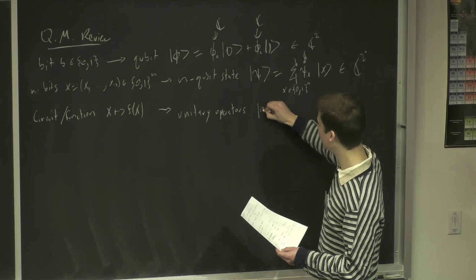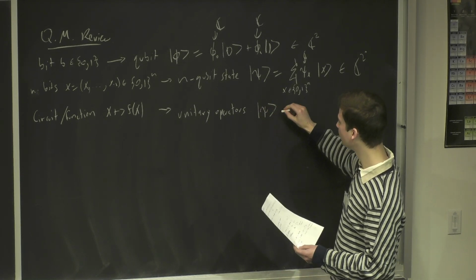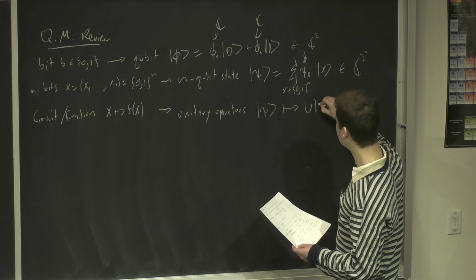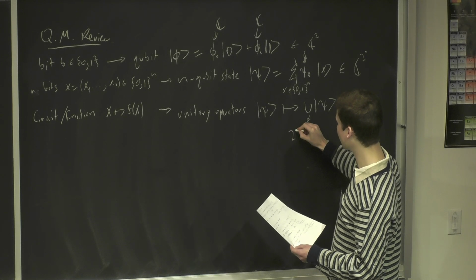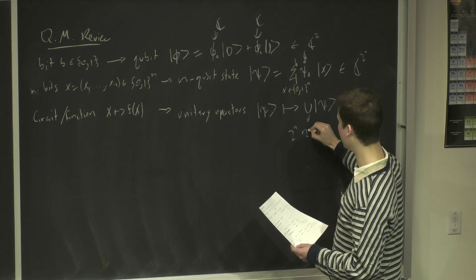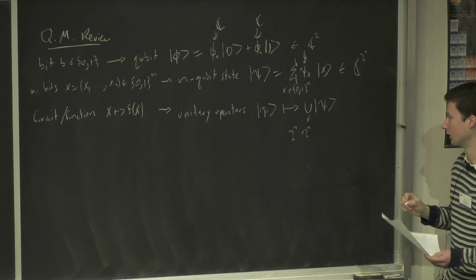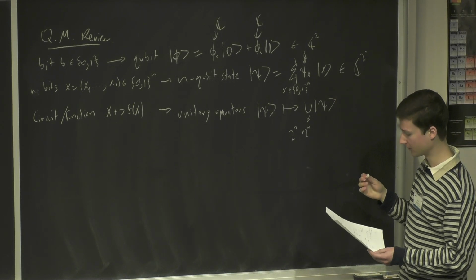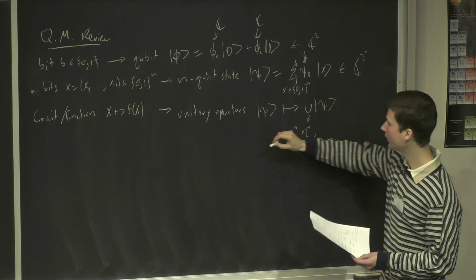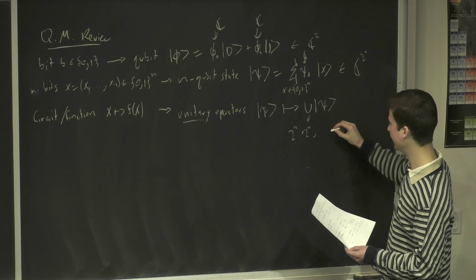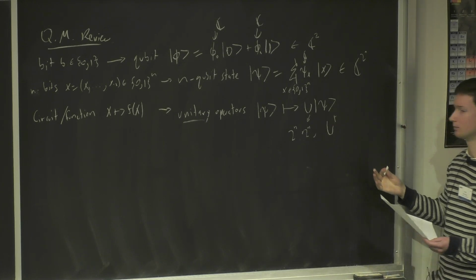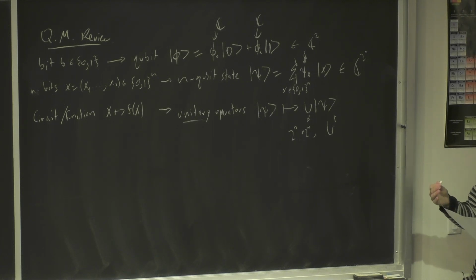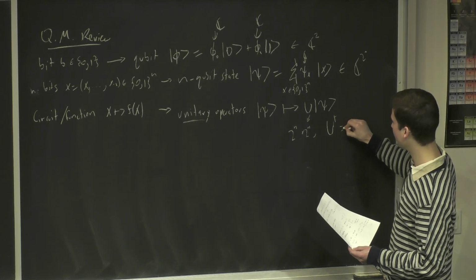And this essentially means we can only perform mappings that take a state psi and map it to u times psi, where u is a linear operator, so it's essentially a 2 to the n by 2 to the n complex matrix. And the unitary condition just means that the conjugate transpose of u, the matrix we get by taking u, taking its transpose, and then taking the complex conjugate of every entry, is equal to u inverse.